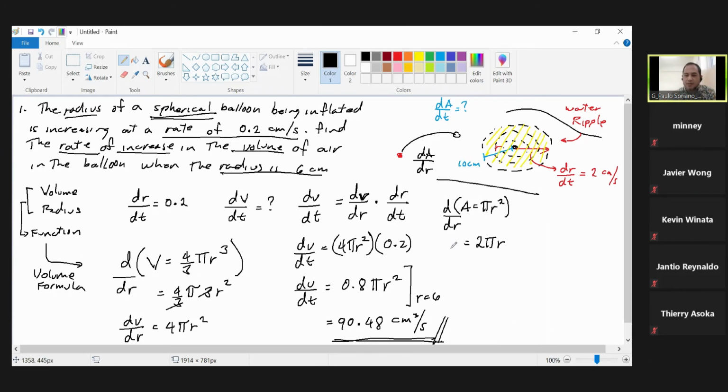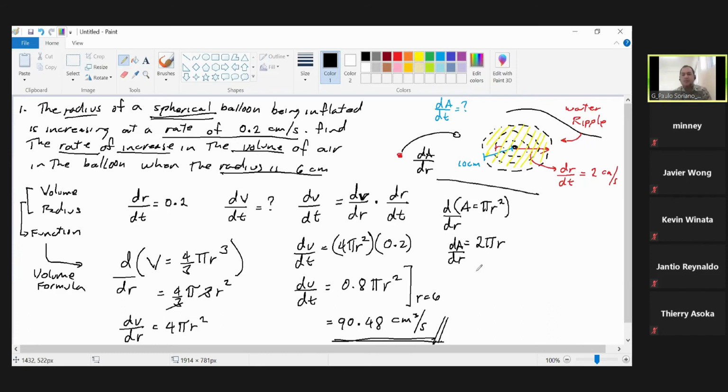This is now dA/dr. Yes, it looks like the circumference formula, 2 pi r. But in our case, we are not concerned with the circumference. We are concerned with the change. Okay, clear? This is a way to get the circumference if you know the area.